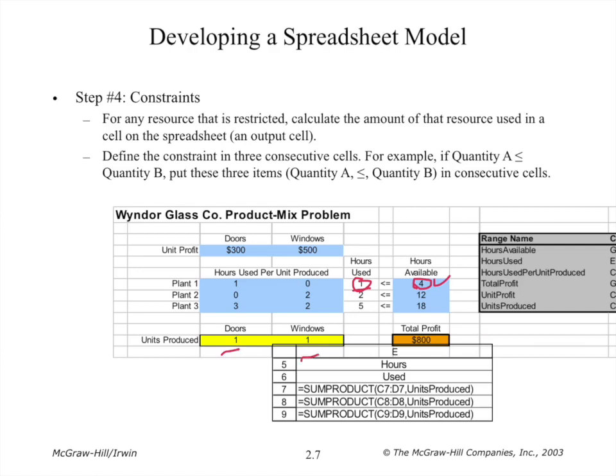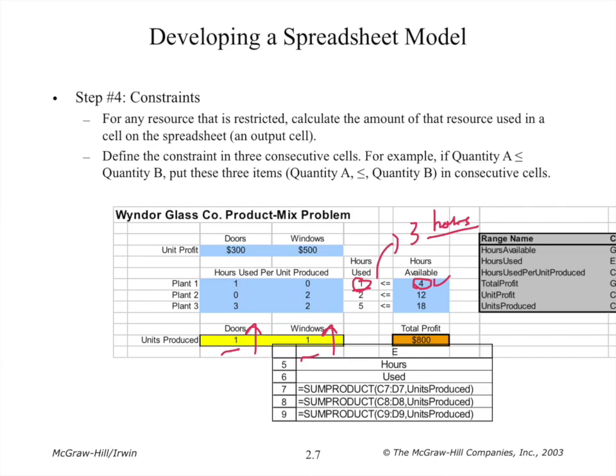So we can increase the number of doors or the number of windows, because we have the remaining 3 hours to produce a door or windows.